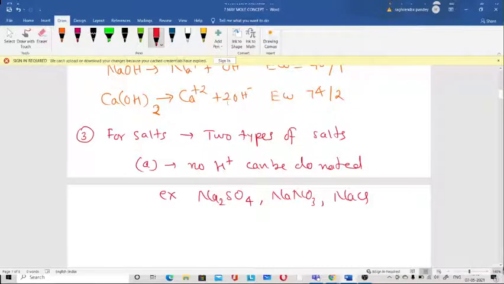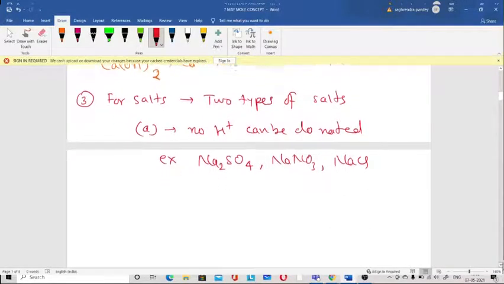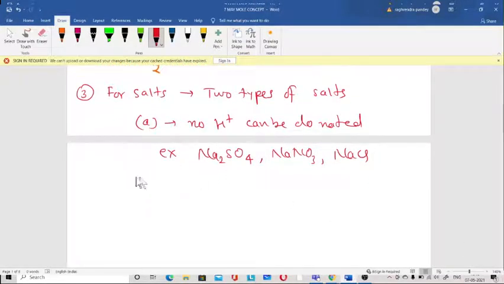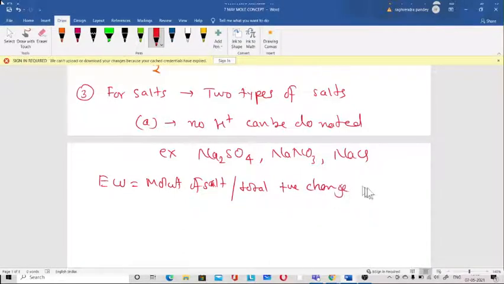In this category, the equivalent weight is equal to the molecular weight of the salt divided by the total positive charge in the salt.